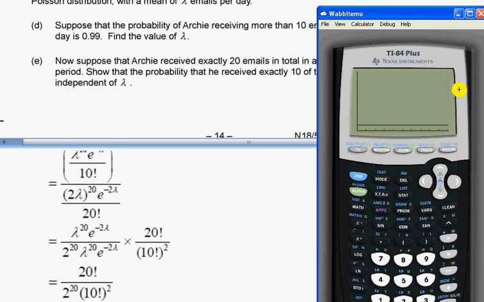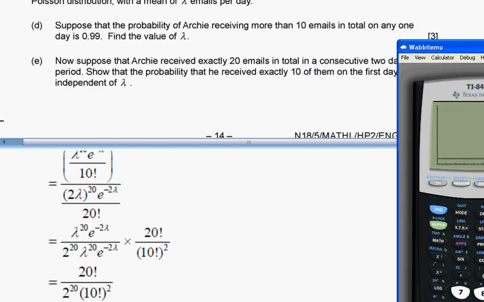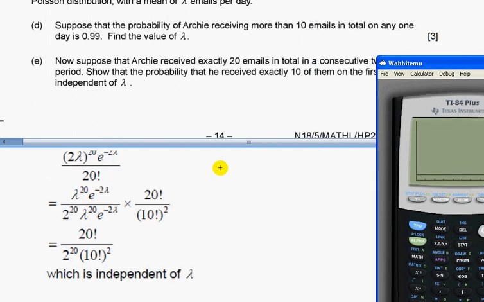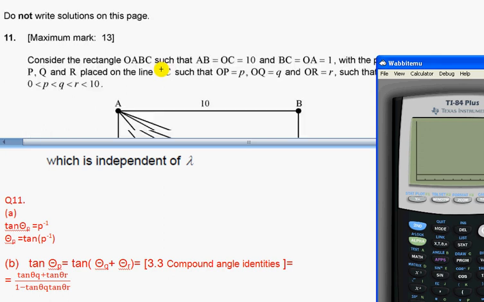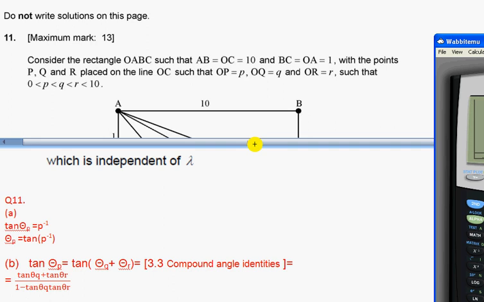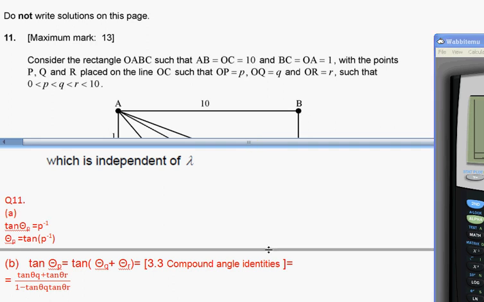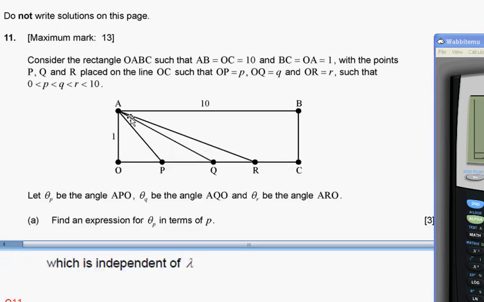So theta P is angle APO, theta Q is angle AQO, and theta R is angle ARO. Right. Consider that theta P equals theta Q plus theta R, and QR equals 1. Show that this expression holds.